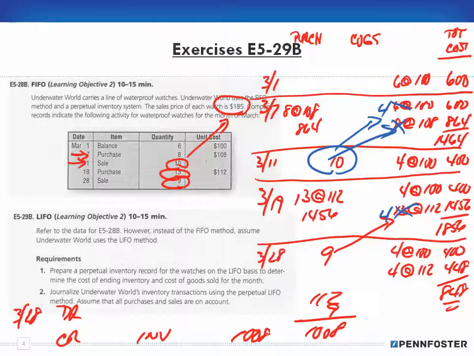So we'll credit inventory for 1,008 and hit our cost of goods sold for 1,008. Okay, and that's it for this problem. So I hope you followed that.